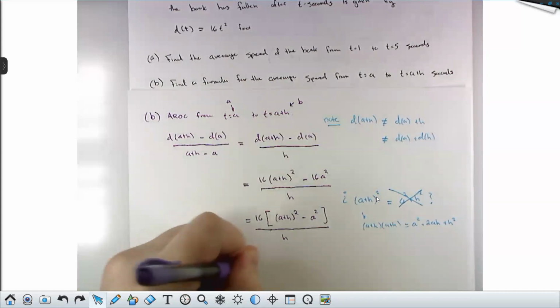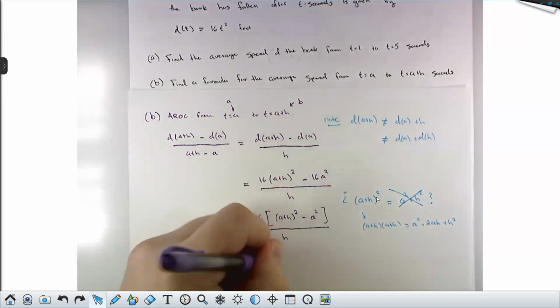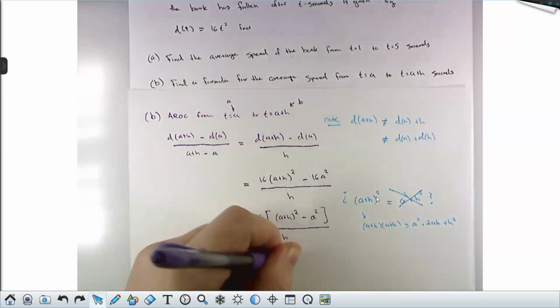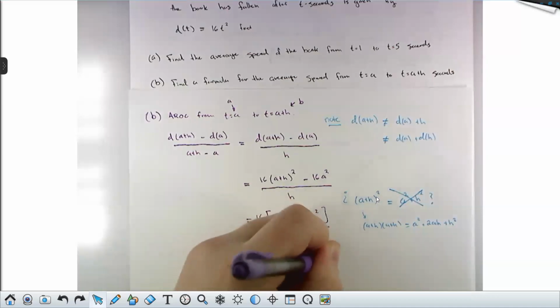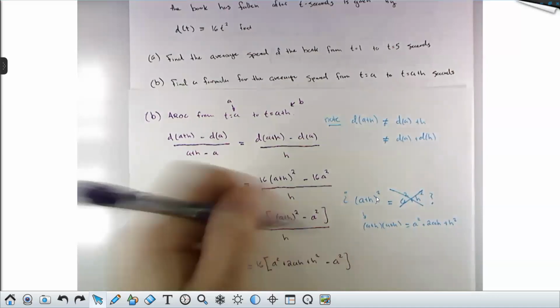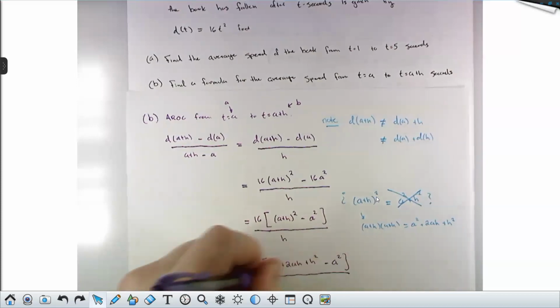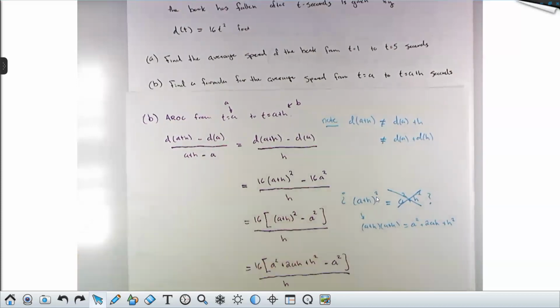So we come back over here. This is 16 times this piece, a plus h squared, which is a squared plus 2ah plus h squared. And then, oh, I've got a minus a squared here. That's nice. All of this is being divided by h.